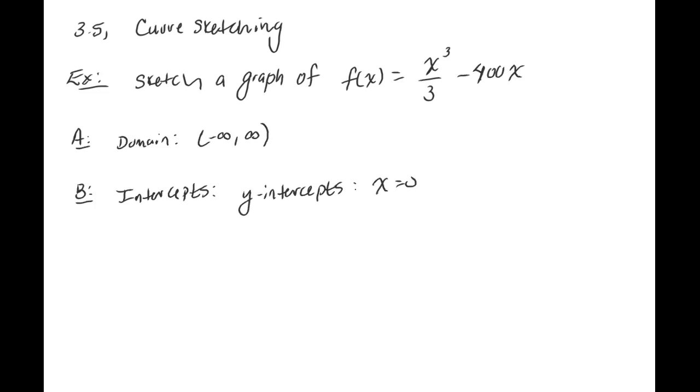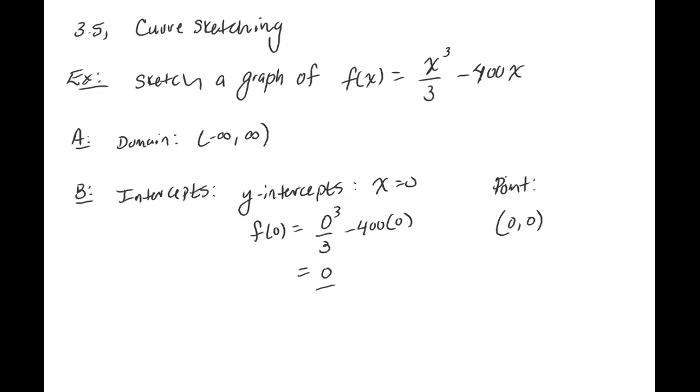That's the easiest one to find. f of 0 is equal to 0 cubed over 3 minus 400 times 0, which happens to be equal to 0. So this gives me a y-intercept of 0, which tells me an xy pair. That pair is (0, 0).